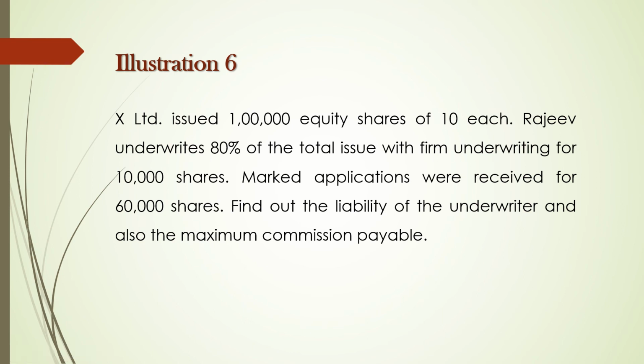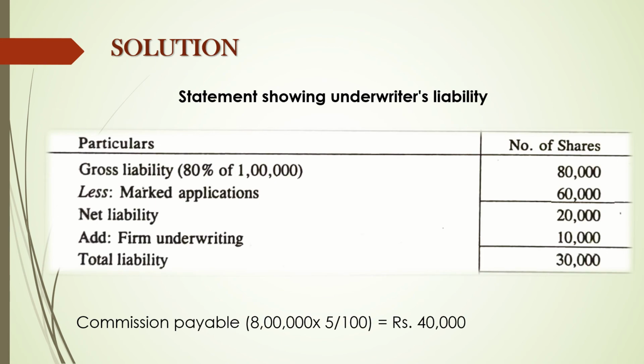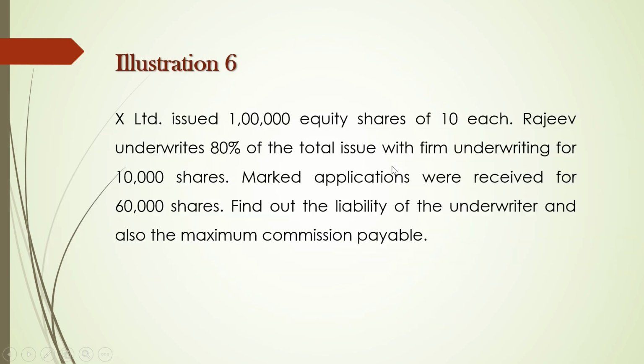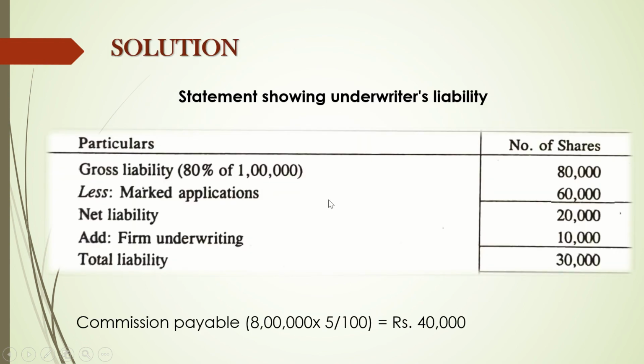We know that the total issue is 1 lakh equity shares, and 80% of 1 lakh equity shares is underwritten. That means 80,000 shares are underwritten by Rajiv. Now let's go for the marked applications. We know that marked applications were received for 60,000 shares.